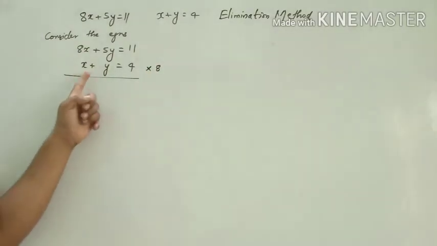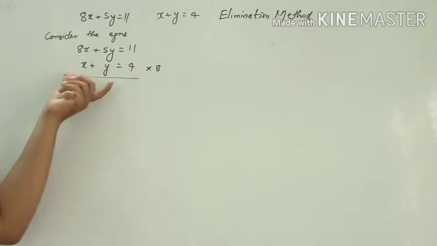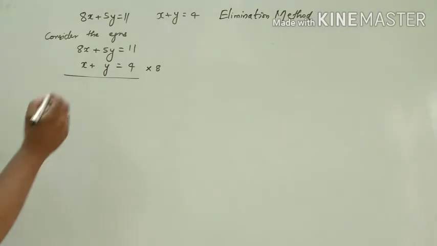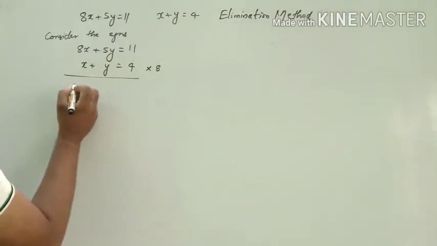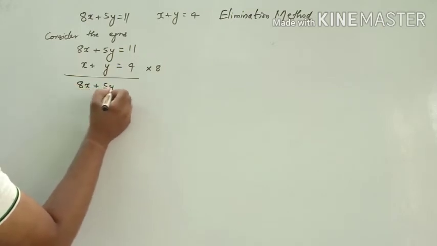Okay, x plus y is equal to 4 into 8. Okay, I have taken this. Now here, again I am going to consider the equations, that is 8x plus 5y is equal to 11.